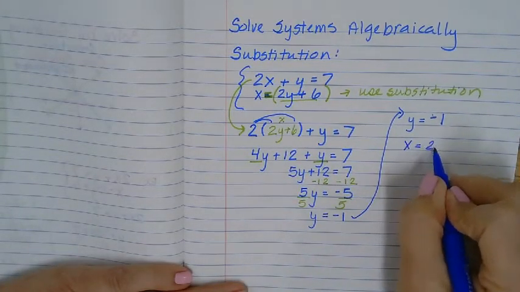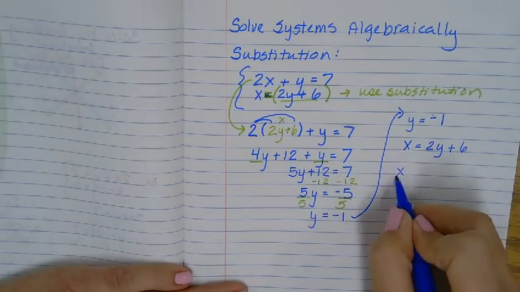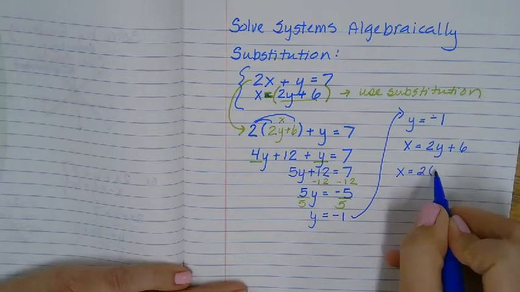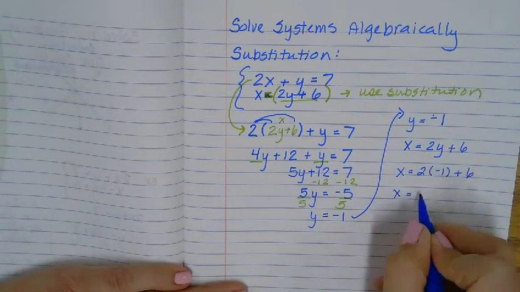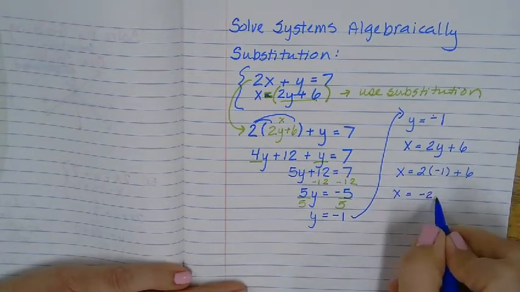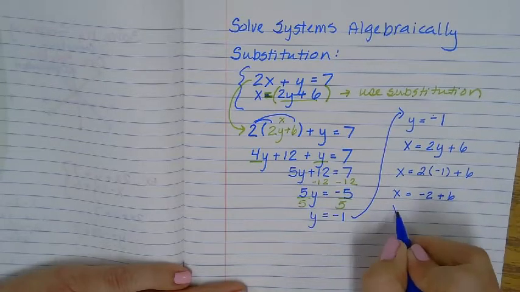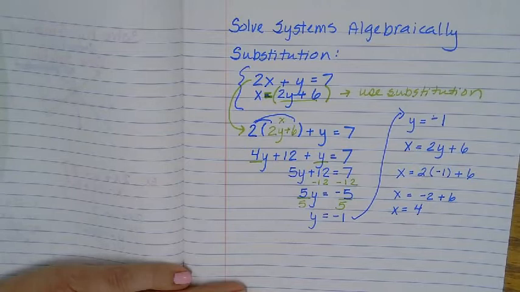So x equals 2y plus 6. In place of the y, put negative 1. So what is that? Negative 2 plus 6. So x equals 4.